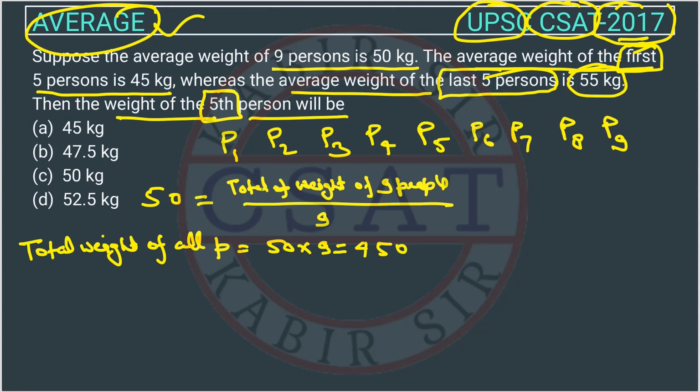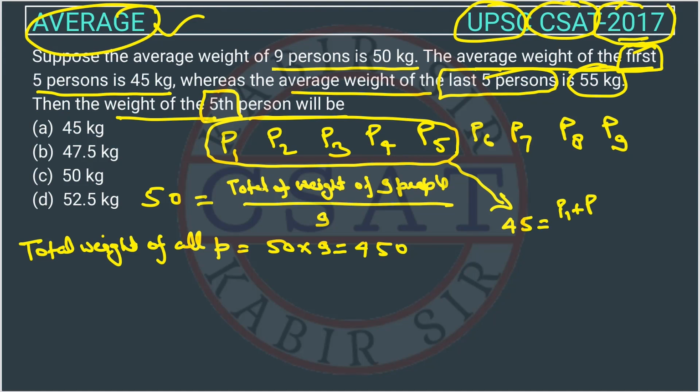Now they have given the average weight of the first 5. So the average weight of these 5 is 45. So this will be equal to P1 plus P2 plus P3 plus P4 plus P5 upon 5.